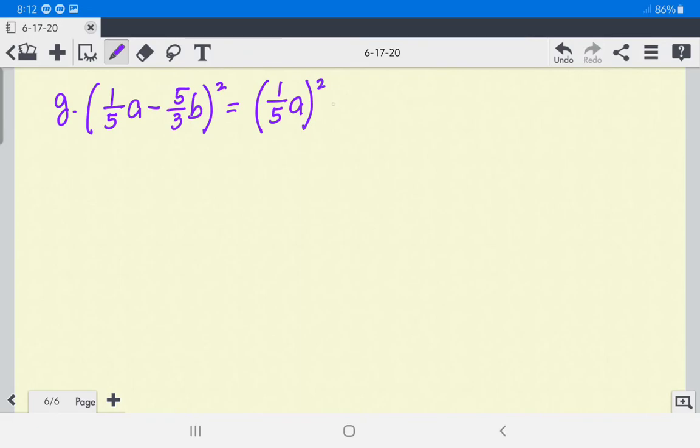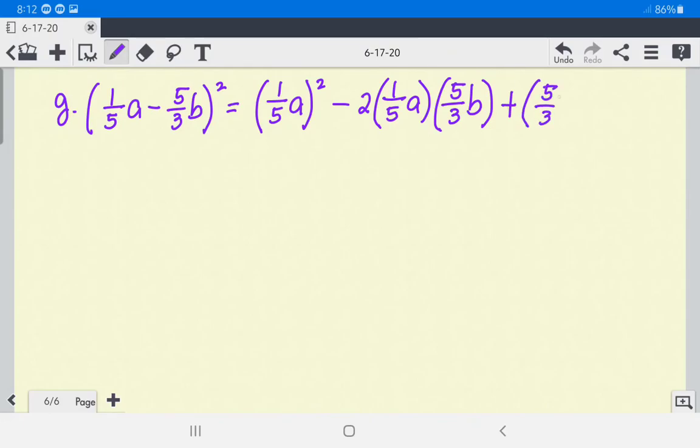Then minus, because this is minus, 2 times 1 over 5a times 5 over 3b, the second term. So twice the product of the first term, 1 over 5a, and the second term, 5 over 3b. Then plus the square of the second term, 5 over 3b squared.